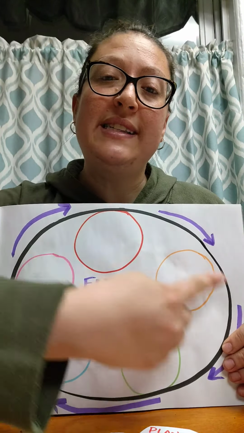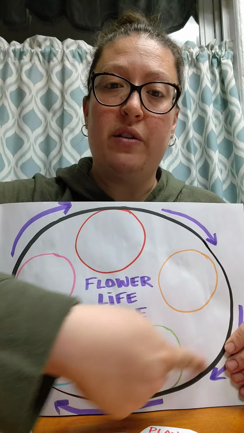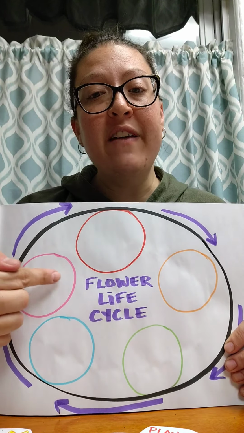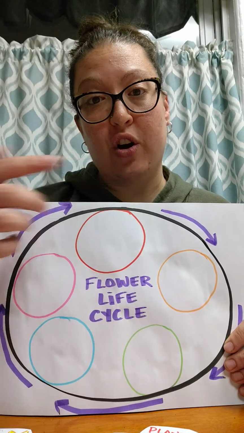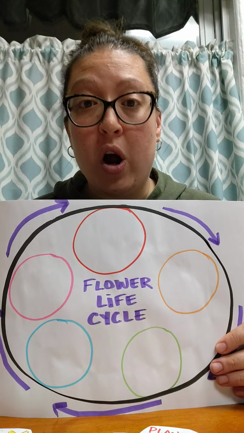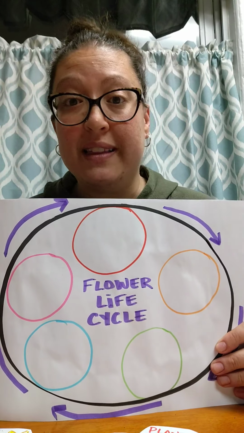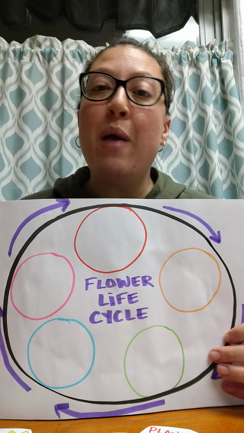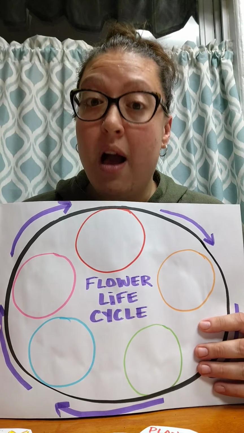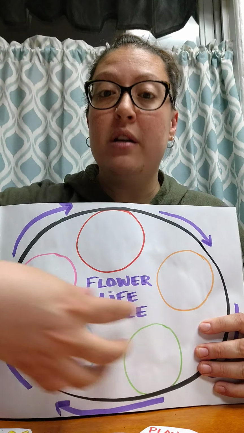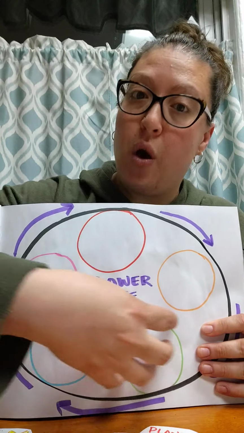So you can see that it's like a circle. And there are 5 spots on the circle, one for each part of the flower's life cycle. We can start anywhere because each part just keeps going and going and going.